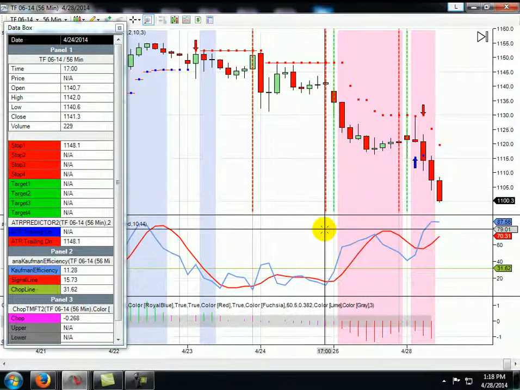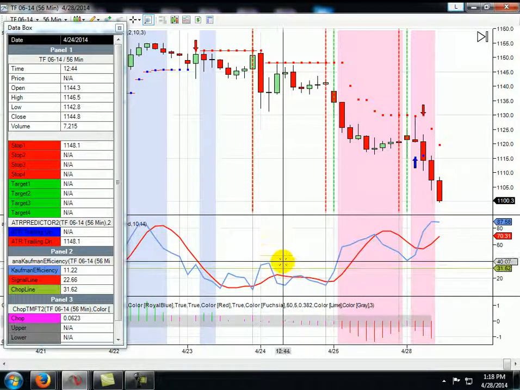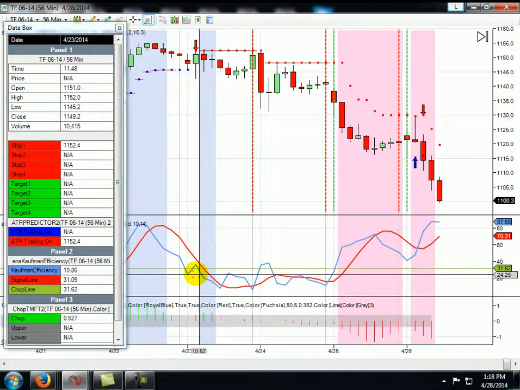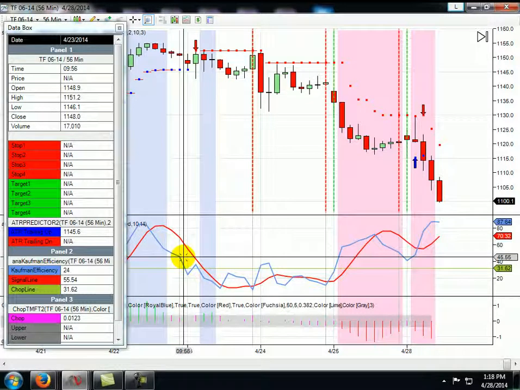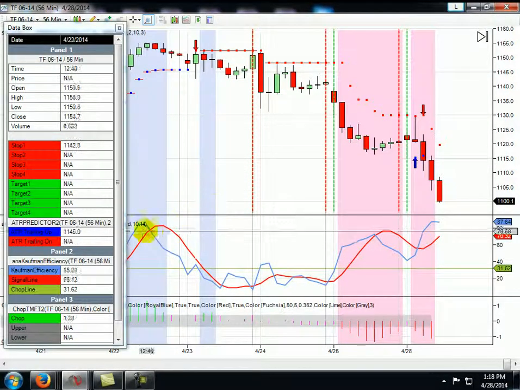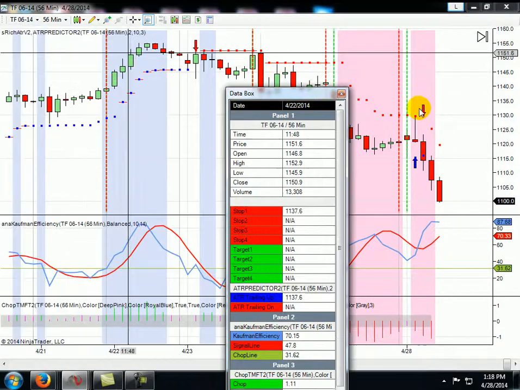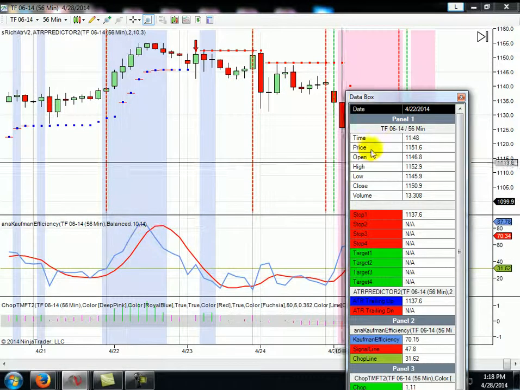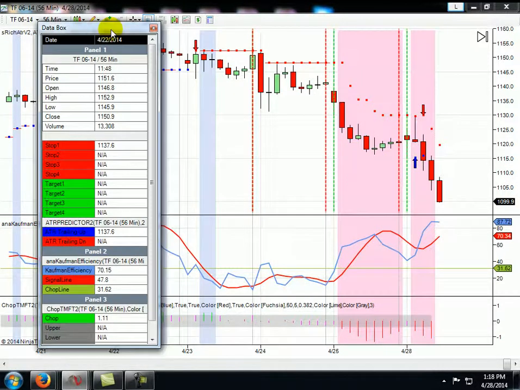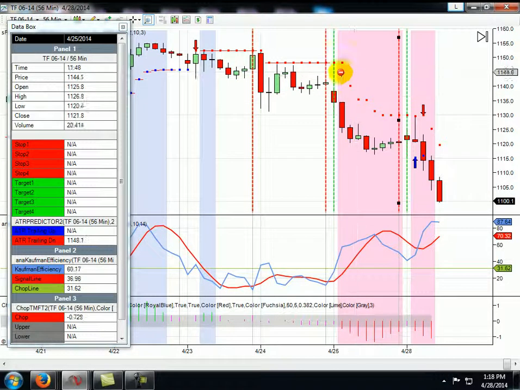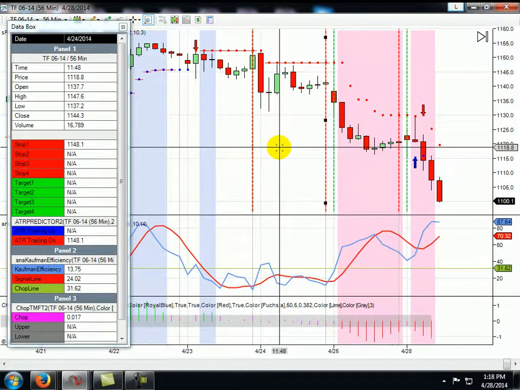And the way this is set up is that on the efficiency ratio, you set it on balanced, and then we'll just run with the default numbers. So let's take today for instance.